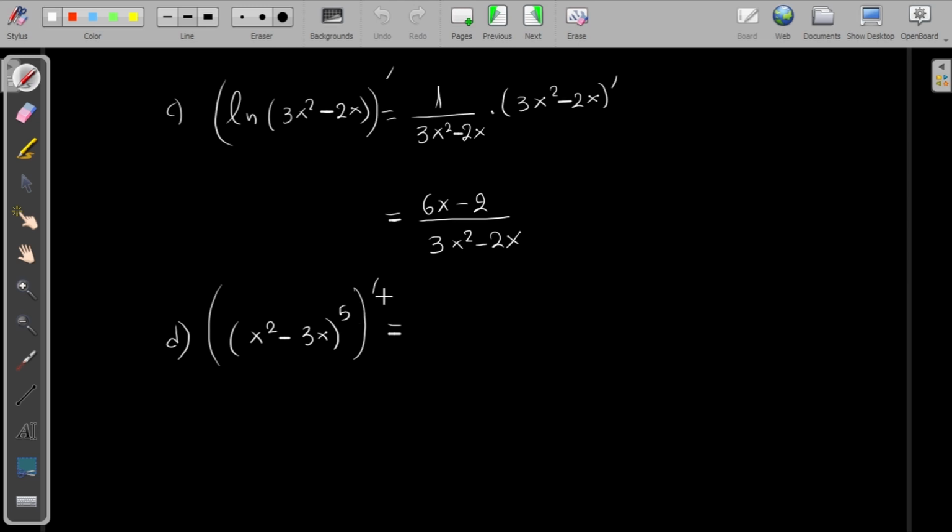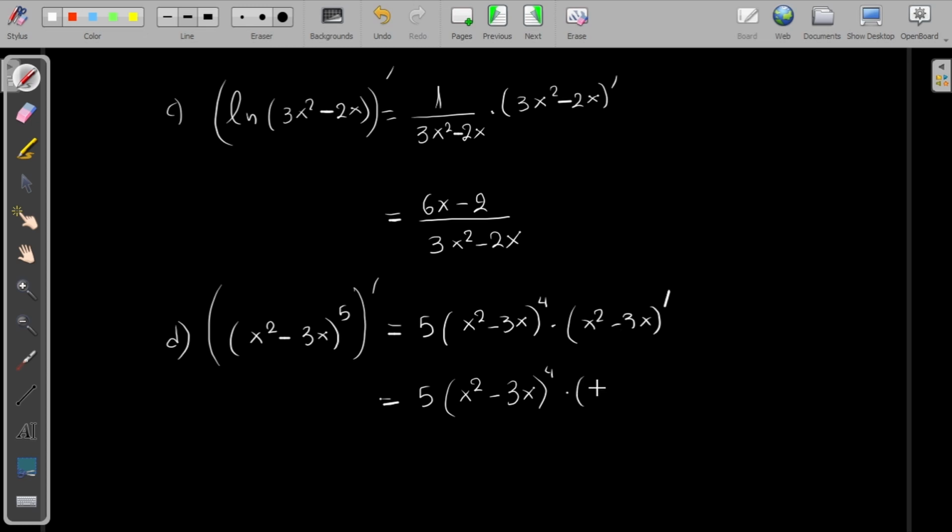So how much is the derivative? This is n, so n goes in front, 5, times my function to the power of n minus 1, so 4, times the derivative of the inside, x squared minus 3x derivative. So it's going to be 5 times x squared minus 3x to the power of 4, times 2x minus the derivative of 3x, which is 3 times 1, 3. And that's how the chain rule works.